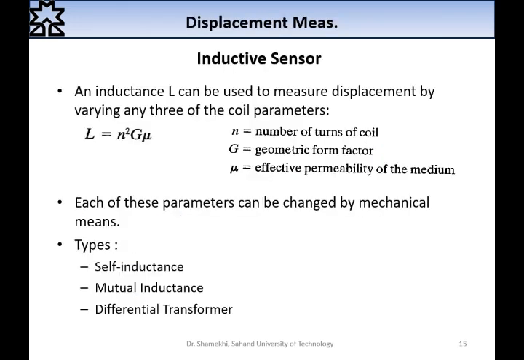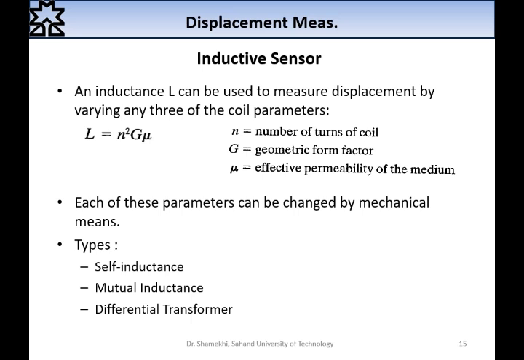As described before, we use a specific equation of the resistance to make a specific resistive sensor. We call it strain gauge.